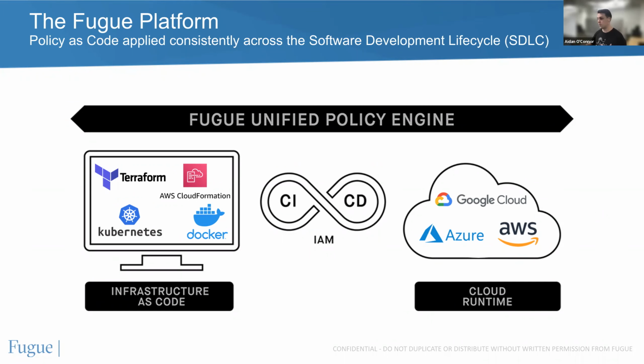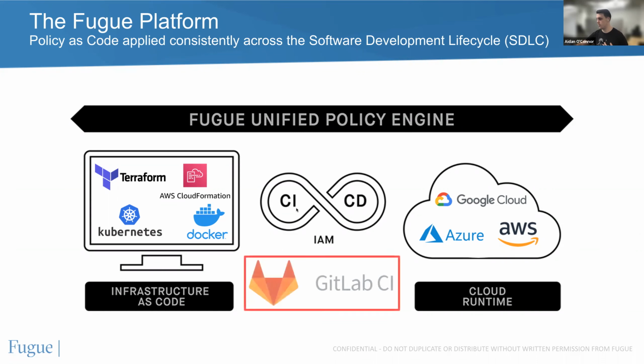But today in particular, I'm going to be talking about GitLab. GitLab has a pipeline feature that'll allow you to create these CI/CD pipelines. So we'll be talking just in particular about how to do this in GitLab, but keep in mind this can be done for any CI/CD pipeline tool.